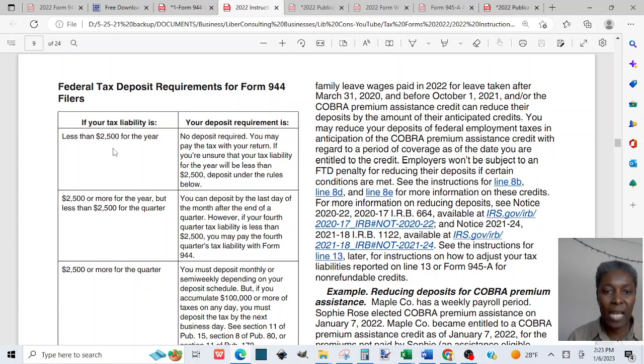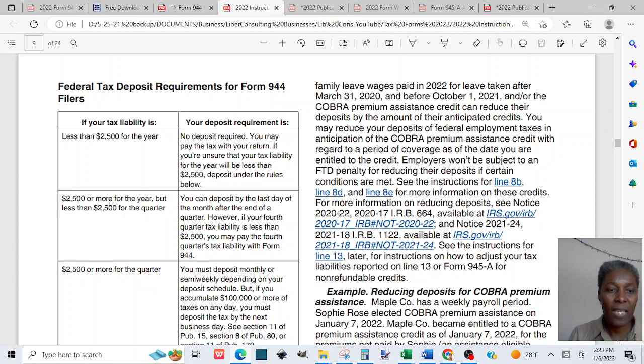You may pay the tax with your tax return. If you are unsure what your tax liability for the year will be, that means you are deciding at the beginning of the year or at some time during the year whether it will be less than 2,500 at the end of the year, deposit under the rule below.